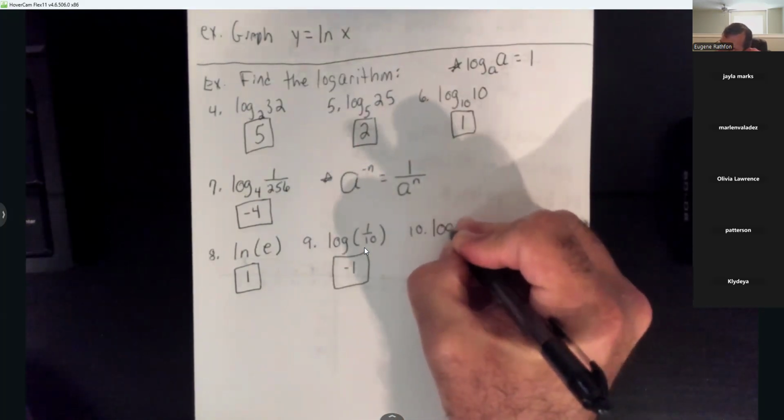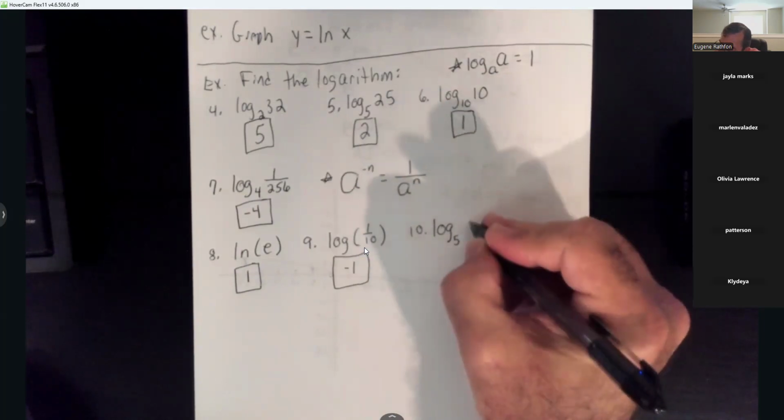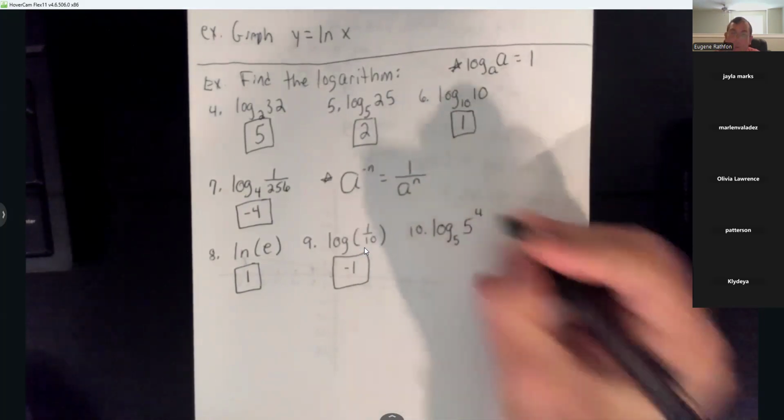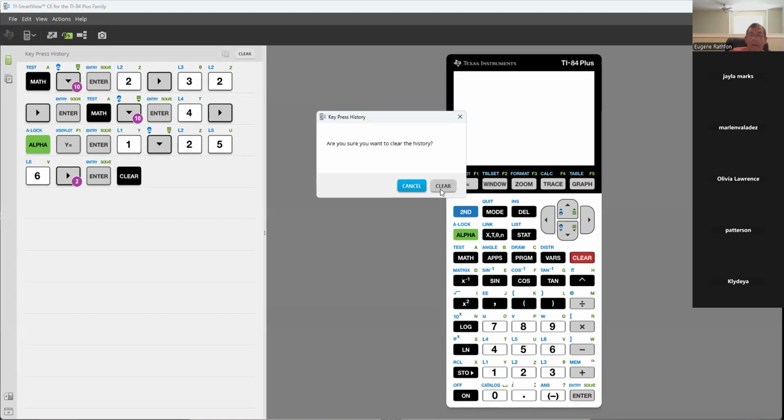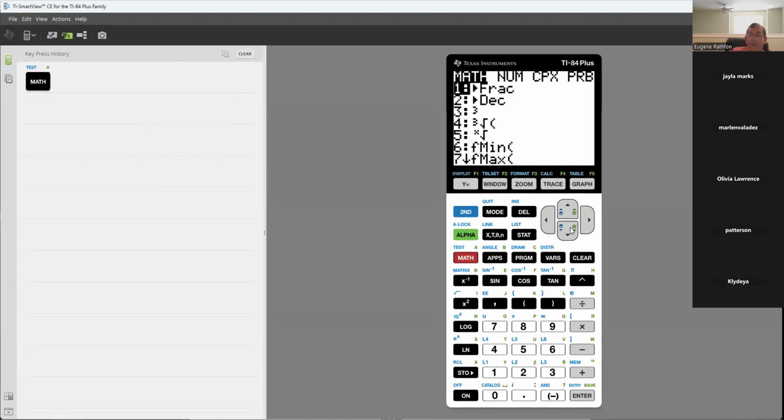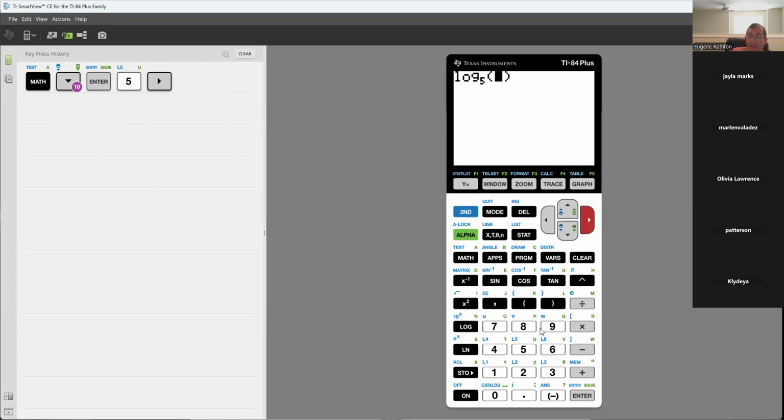All right, y'all, log base 5 of 5 to the 4th. Well, y'all, we can even punch that in. So let's go to our calculator. I'm going to go to math, go down to log base. That was a base 5. And then the result was 5 exponent 4. All right, y'all, watch this.